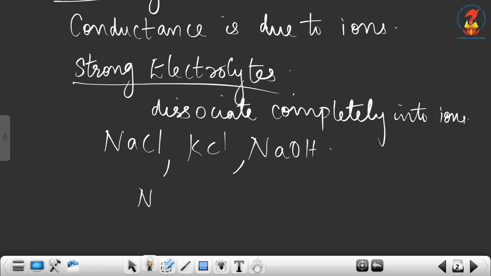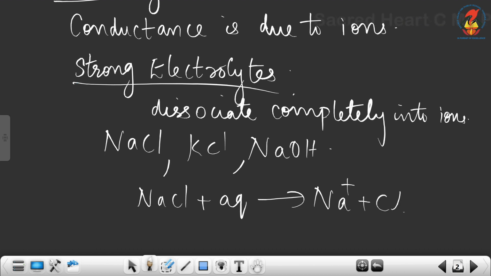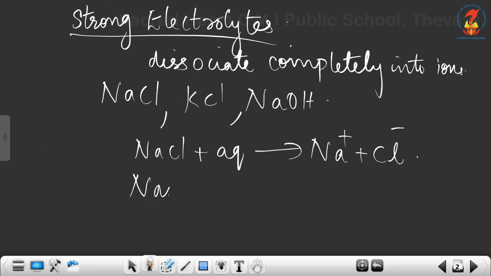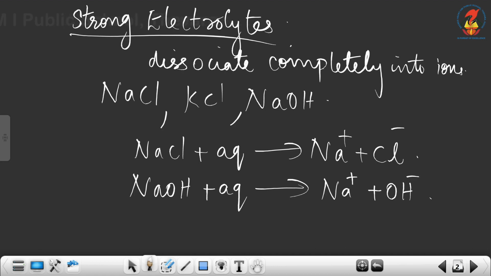When you add sodium chloride to water, sodium chloride will dissociate into which ions? Na plus and Cl minus ions. Same way, if you add sodium hydroxide, it dissociates into Na plus and OH minus ions.